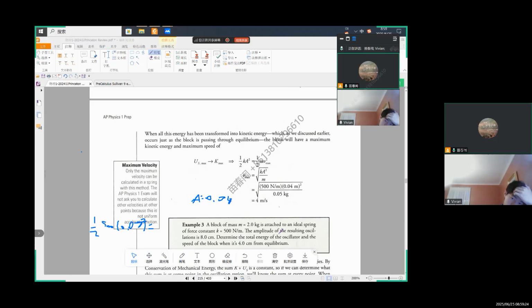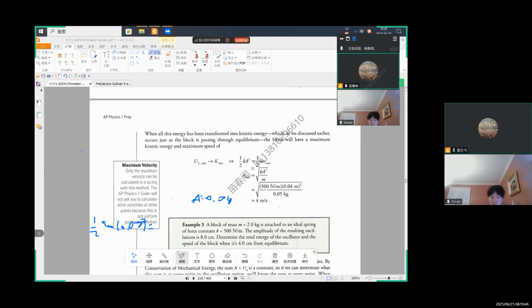Total energy is fine, since it's the conservation of energy, so it's just the original elastic energy. Of course, you can also use kinetic energy and add it with the elastic energy later, but the original one is easier, right? Just find the original, which is what you just did.